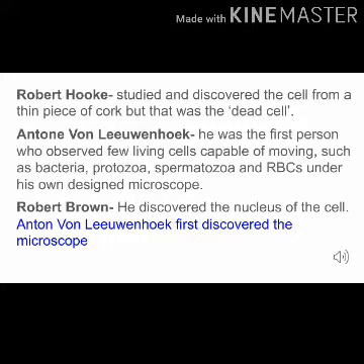We will study this in the chapter called circulation. It was Antoine von Leeuwenhoek who first discovered the microscope, you can say, and saw living structures for the first time.